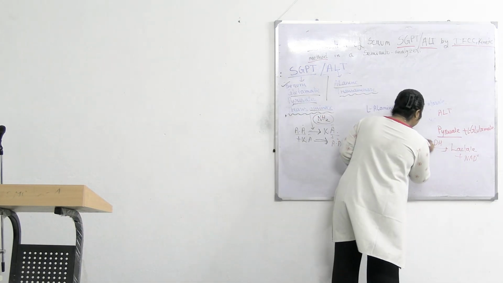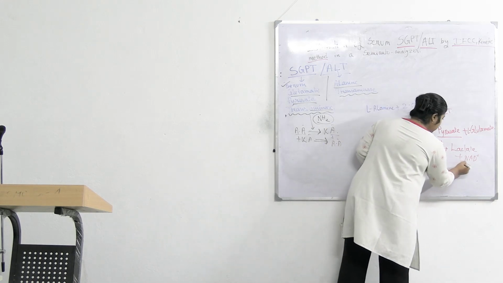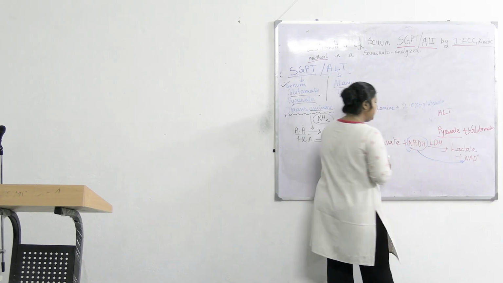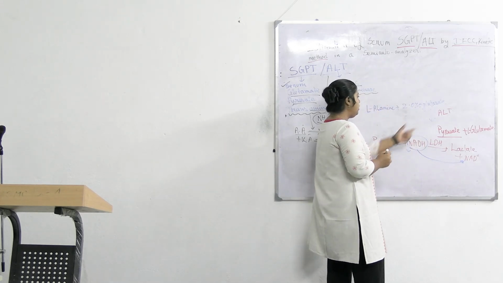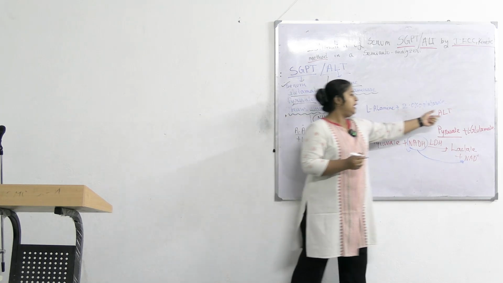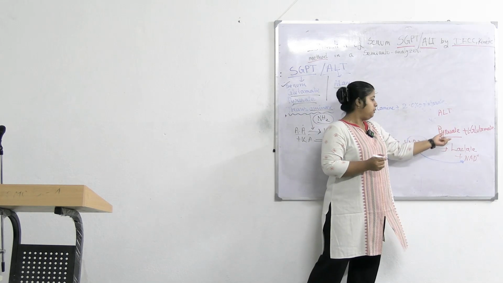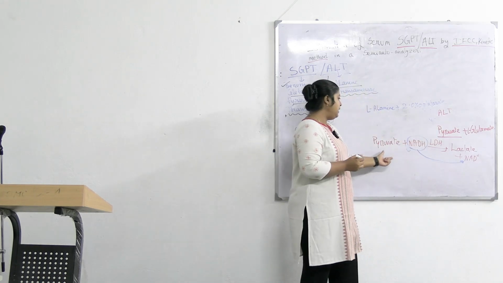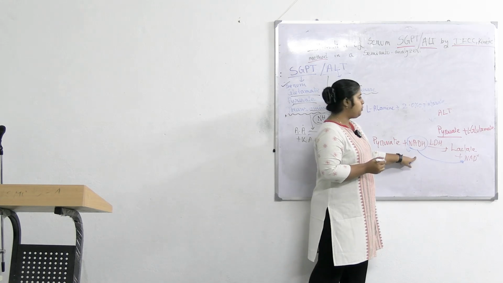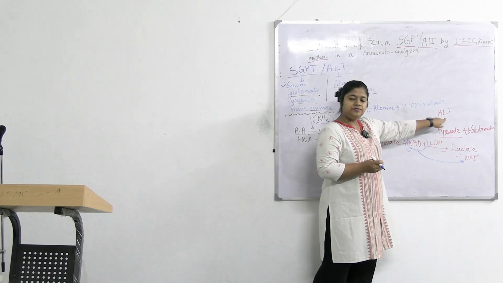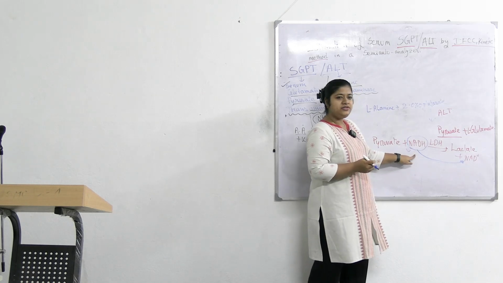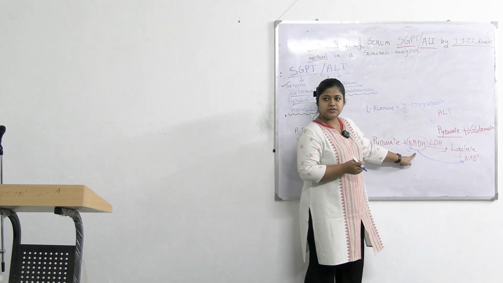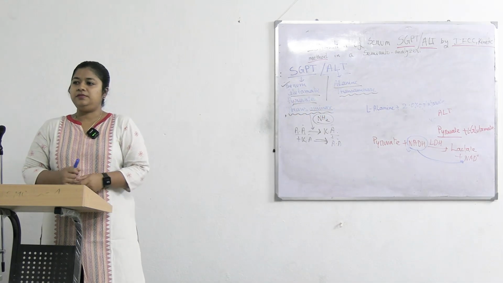We will measure the consumption of NADH, a decrease in the concentration of NADH according to the concentration of pyruvate, which will be equivalent to ALT. The formation of pyruvate is dependent on the ALT enzyme present, and the consumption of NADH is proportionate to the ALT enzyme. So we will measure the decreasing concentration or the change in OD for NADH. Okay, so this is the principle.